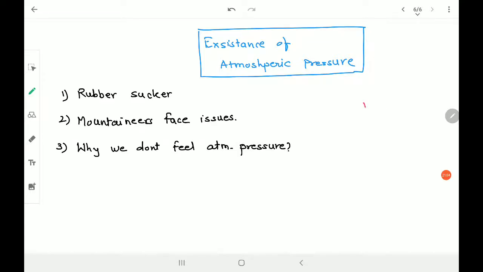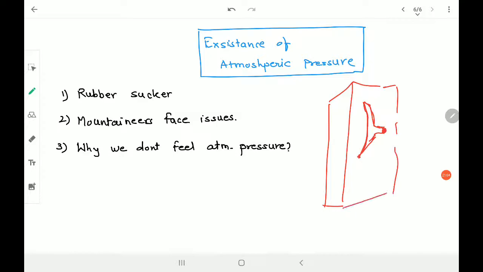It's a kind of rubber circular plate, and these rubber suckers are available with hooks for a plane surface or maybe a glass surface. If you put this rubber sucker and remove the air from it, it sticks there. It sticks.